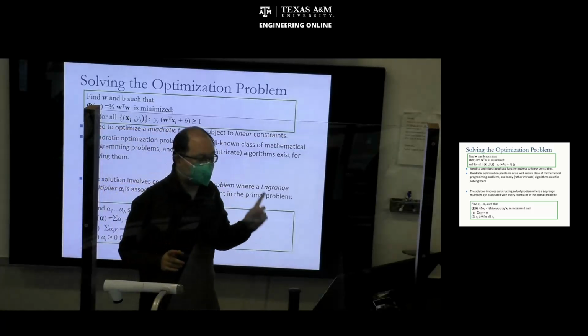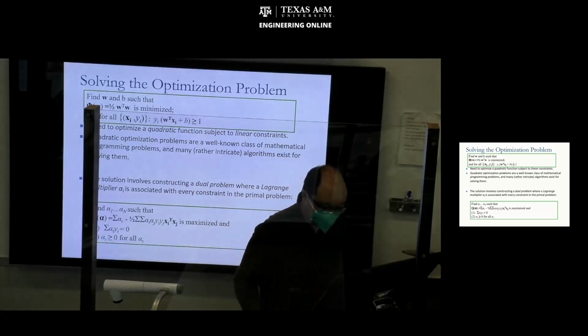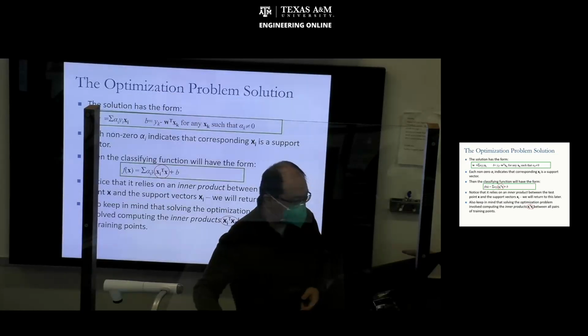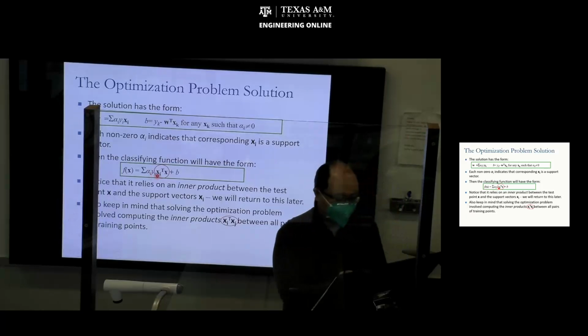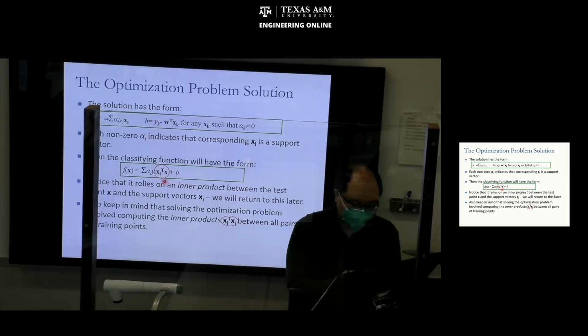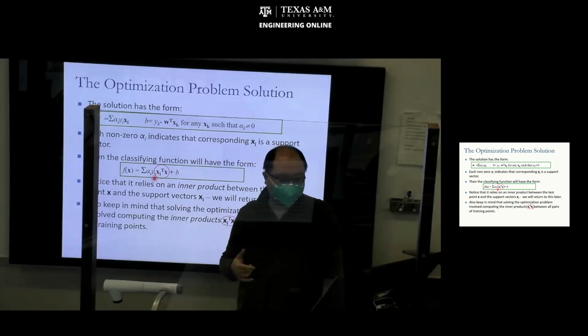The second observation is the following. The classifying function, if you plug in the optimal W and B, what you end up finding is that, how does the feature or the input of each example enter the optimal classifier?